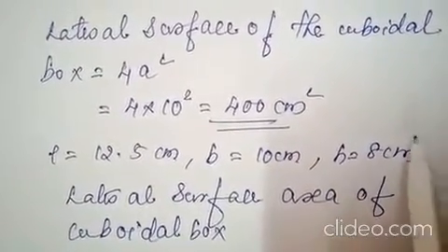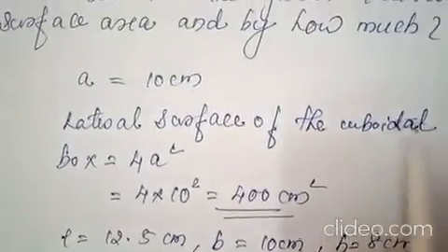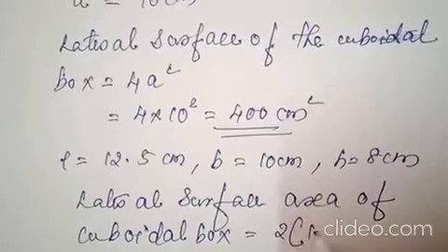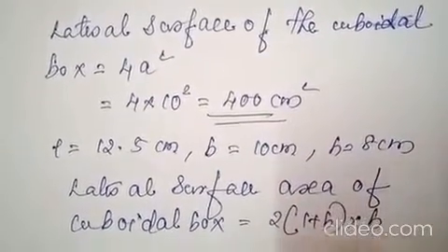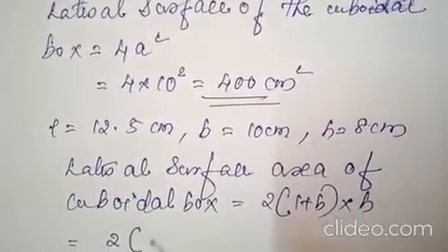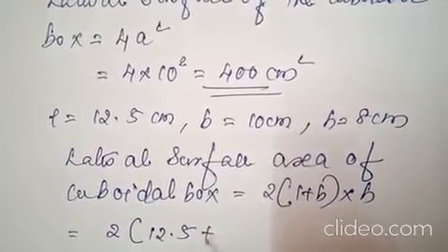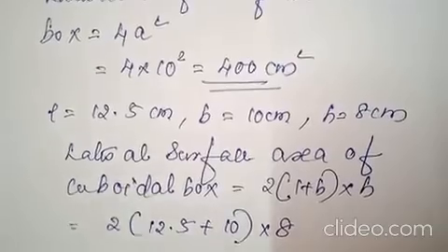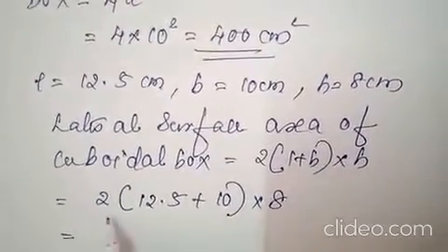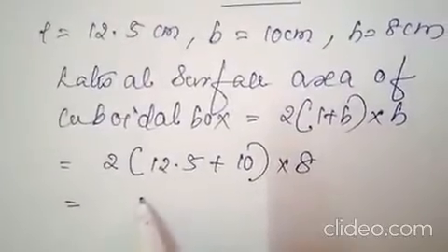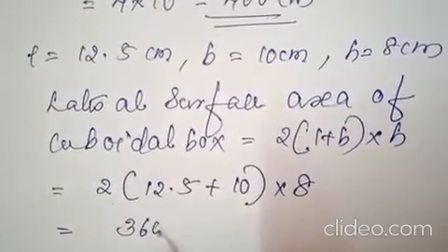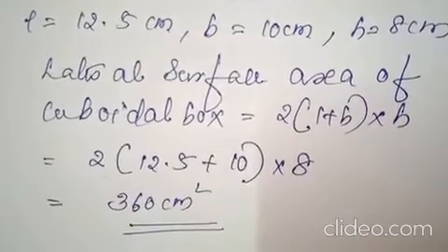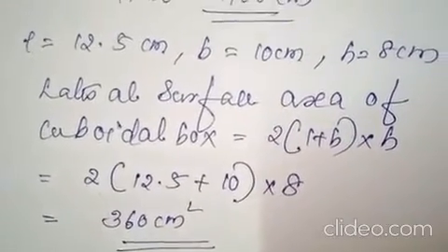The first one is cube, okay. Second one is cuboidal. So how to find? 2 into (L plus B) into H. So equals 2 into (12.5 plus 10) into 8. So while adding these two and then multiplying with the 2, multiplying with 8, you will get the answer 360 centimeter square. So we got the lateral surface area of the cube and the cuboid, is it?